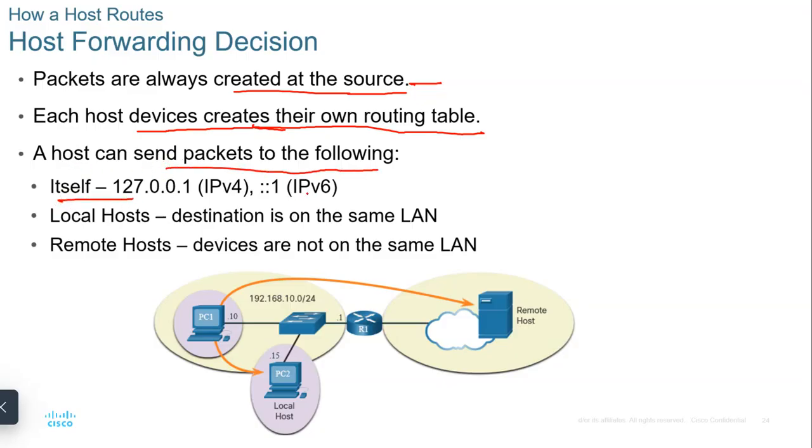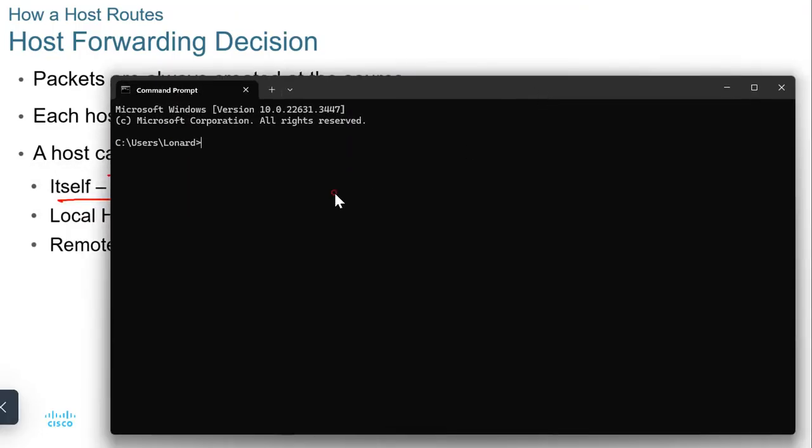A host can send packets in the following ways. To itself, we have the loopback interface, which is this. I can try it out. Let me bring out CMD. Here I can ping any IP address that begins with 127.0.0.1.